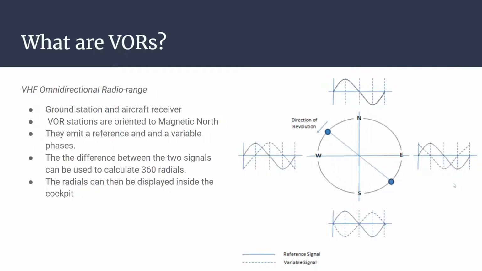That causes interference, so it's the sum of the two waves: this plus this, this plus this, and so forth. We use these phase differences to determine a radial, so you use these to figure out where you are relative to the station.